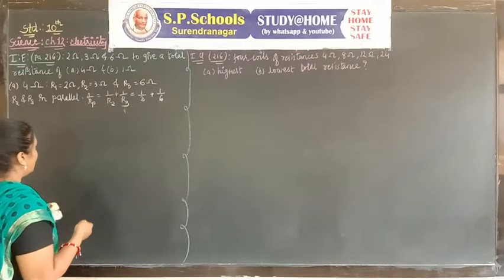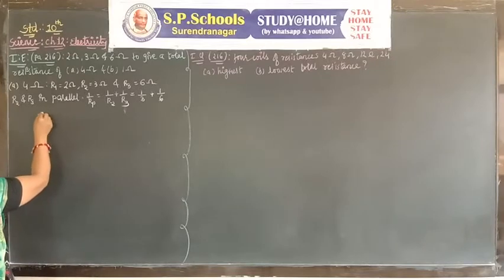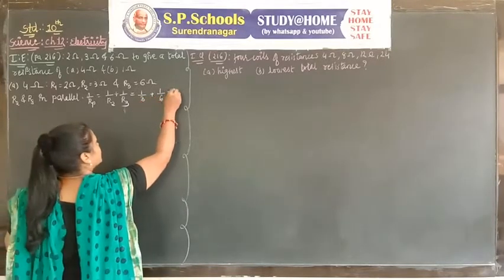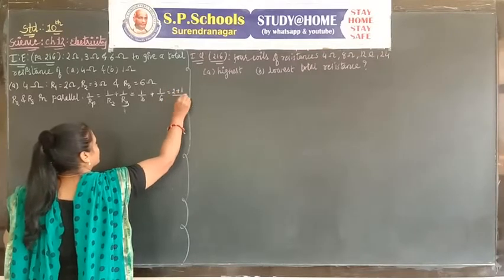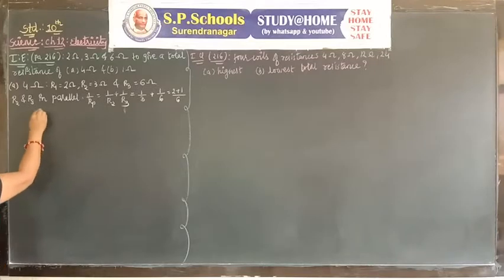So when we calculate it, 2 plus 1 upon 6, the value is 3 by 6 for 1 upon Rp.